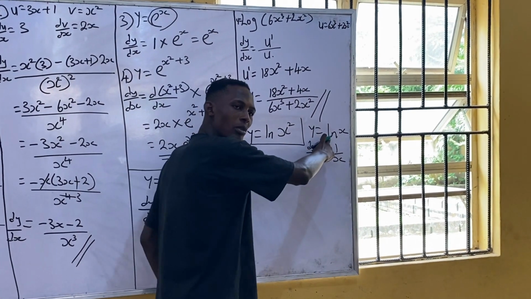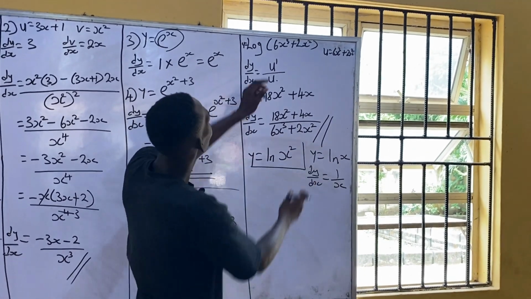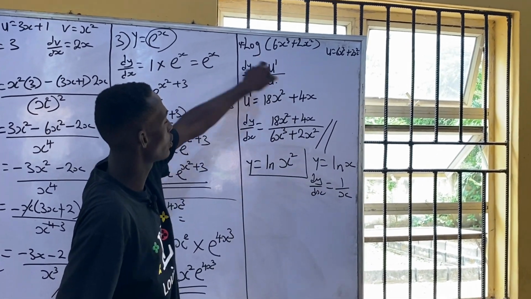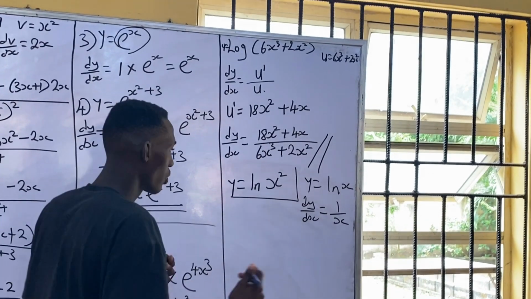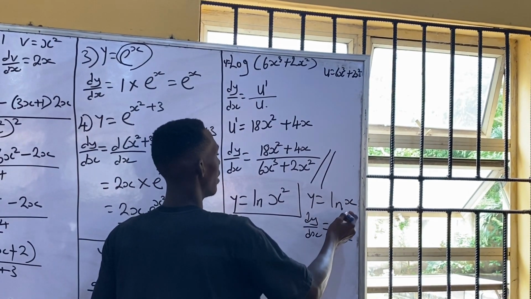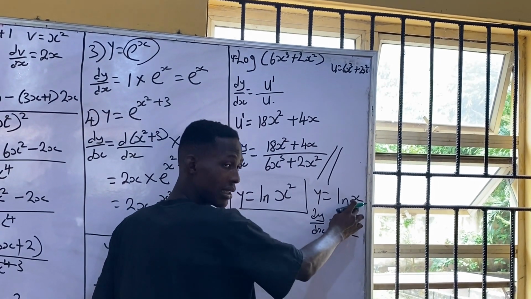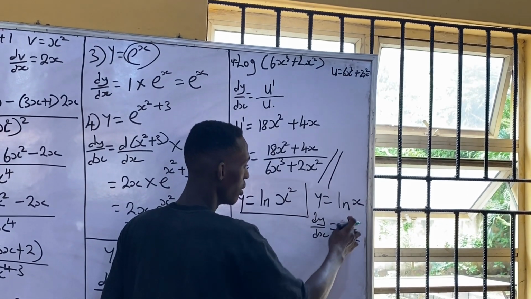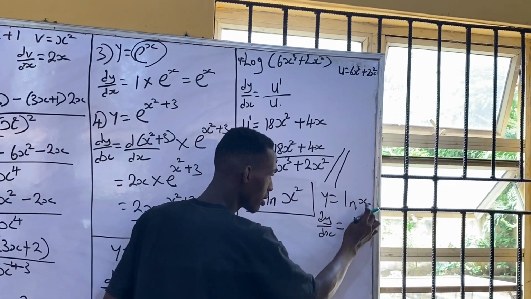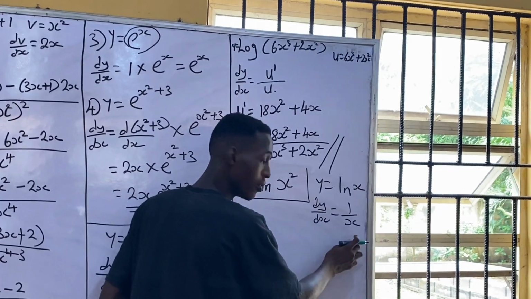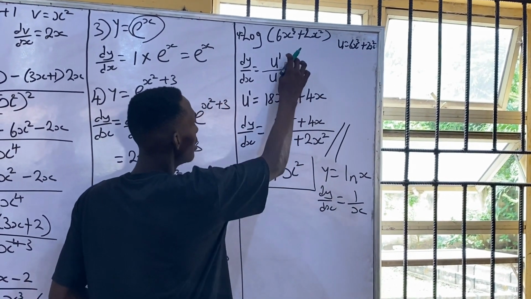This is a logarithmic function, so the method that applies to this also applies to this. You find the derivative of x, that's 1, over x itself.